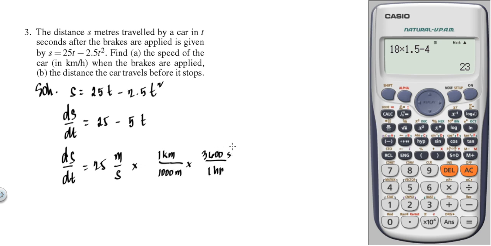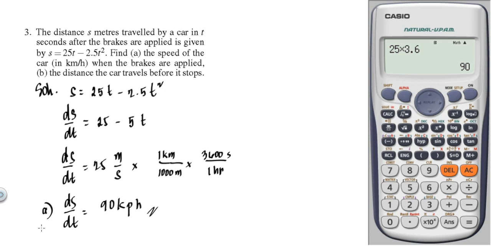So, cancel na yung mga second, meter, and kilometer per hour na natira. So, we have ds over dt is equal to, okay, let's see. We have 25 times 3.6 equals 90. Yes, 90 kph or kilometer per hour. So, this is the answer for A.